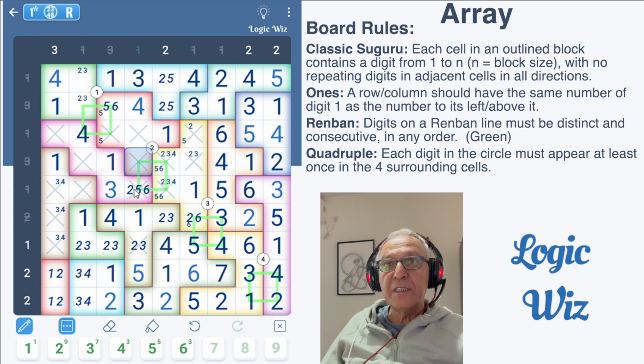What are the options in this cell? It cannot be a 1, obviously. It can be a 2. Cannot be 3. Can be 4. It cannot be 4 because we have a 4 over here. Can be 5 and can be 6.